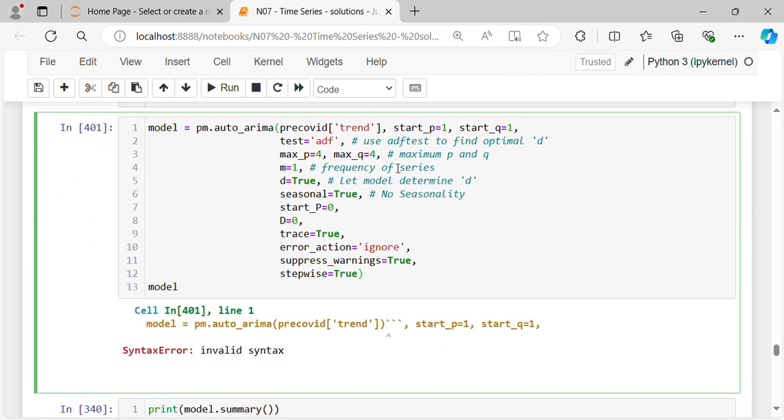Let m equal 1, frequency of series. Let d equal None, let model determine d. Let seasonal equal False, no seasonality. Let start_P equal 0. Let D equal 0. Let trace equal True. Let error_action equal ignore. Let suppress_warnings equal True. Stepwise equal True. And printing the model.